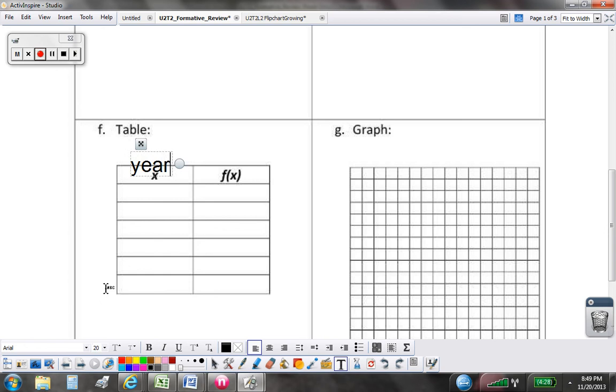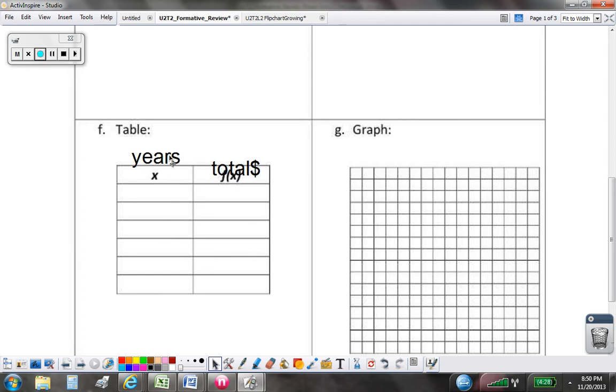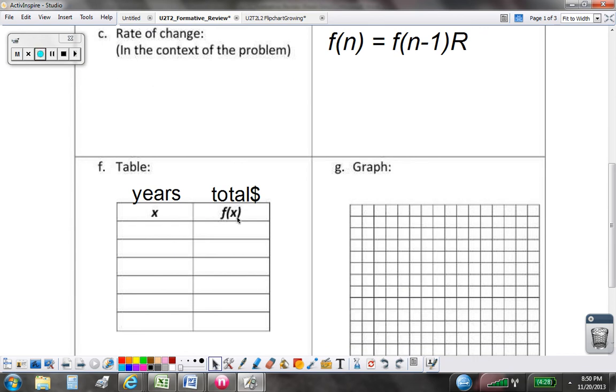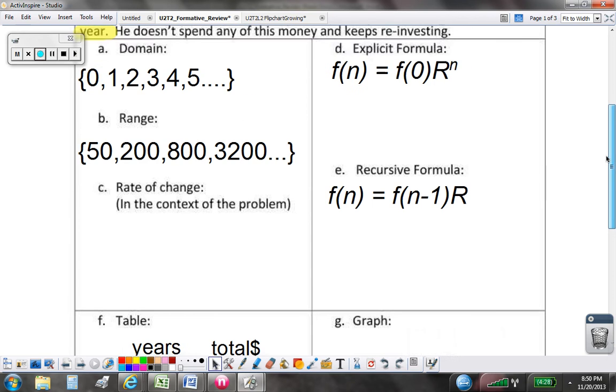So you have years, and we'll say money, let's call it total money. Alright, so you have years and total money.